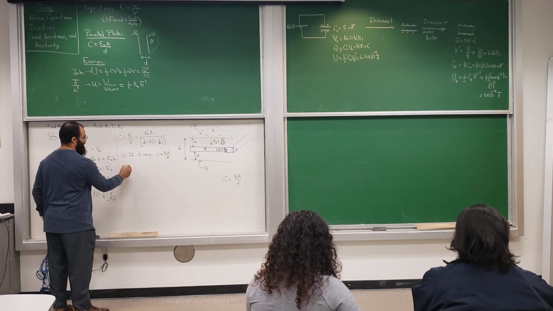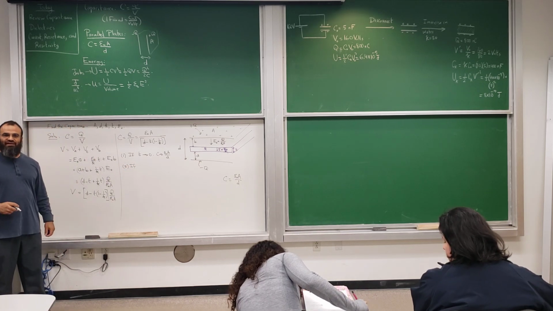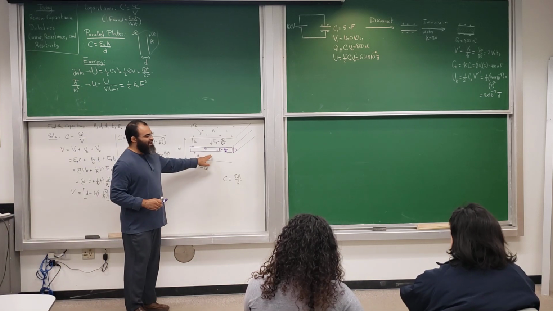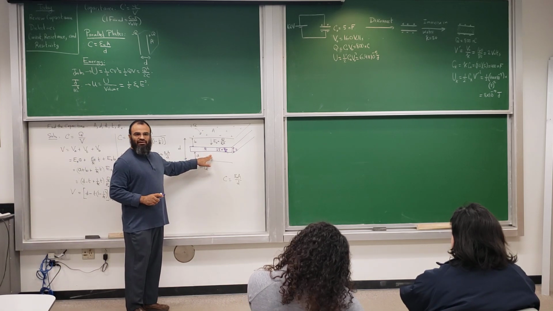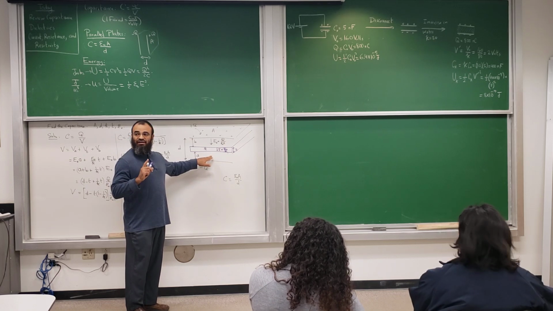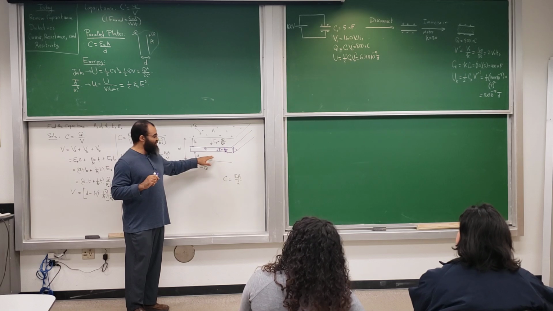Let's do the second one. Let me ask you, what's in here? Nothing. So what's the dielectric constant here? Remember, the dielectric constant of a vacuum or air is one.